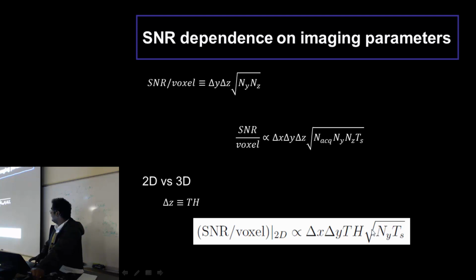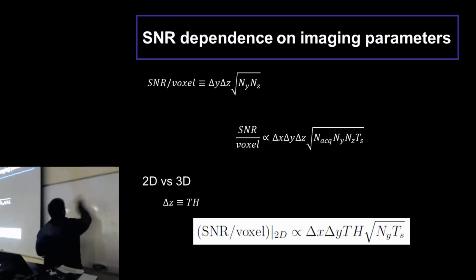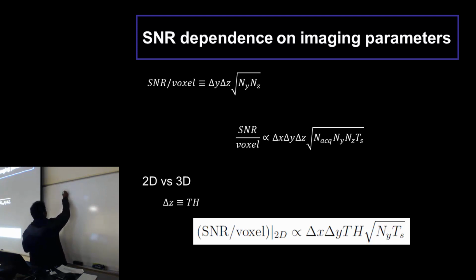Then here, signal to noise ratio wise, nothing else changed, right? Because there is no NZ here to change your signal to noise ratio for a given slice. You guys following me here? Okay. So essentially what I'm talking about is TR2D is NZ times TR3D.